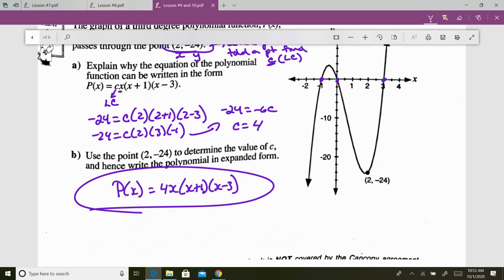Okay, so that's the proper factored form with the leading coefficient in there, not just assuming it's 1. Is that okay? Good? Okay.